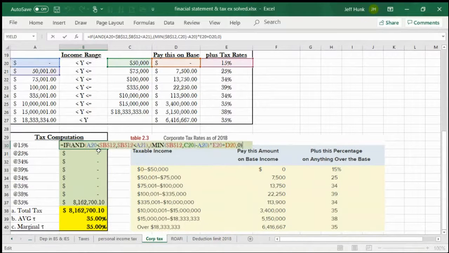So here, this is how I did it. The point is we have to check if our taxable income falls between the lower bound and the upper bound. And how do you do that? We need to use the IF command, but remember, IF command is one way.